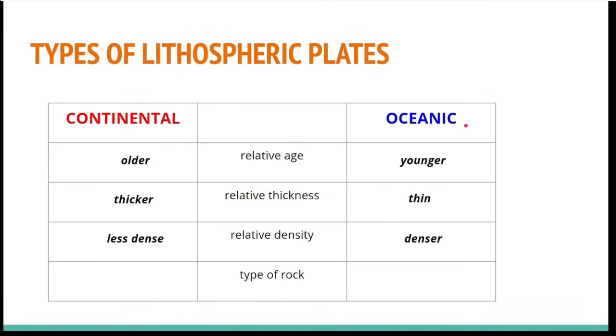If you remember the numbers, the average density of continental lithosphere is around 2.7 grams per centimeter cube, while oceanic lithosphere will have an average of 3.0 grams per cubic centimeter. Finally, the type of rock. Very good. Continental lithosphere is mostly made up of granite, while oceanic lithosphere is made up of basalt.